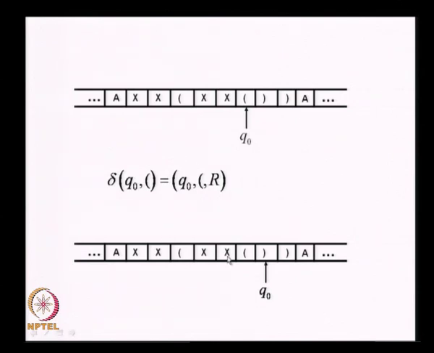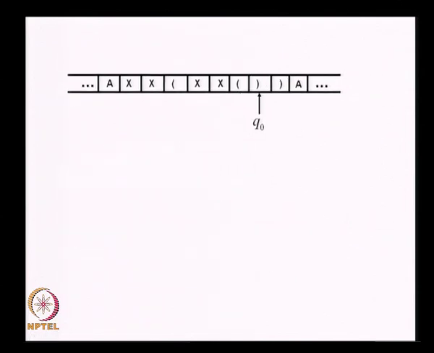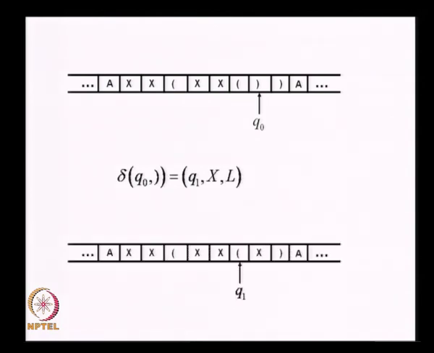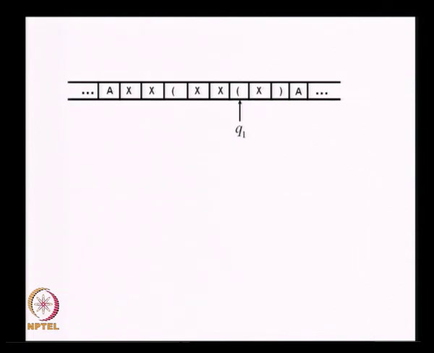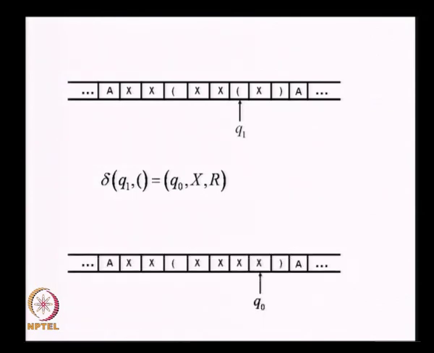So, now in state q0 it sees a right parenthesis, it changes that into an x using this mapping and moves left in state q1, and here it reads the left parenthesis and makes use of this move and changes that into an x.